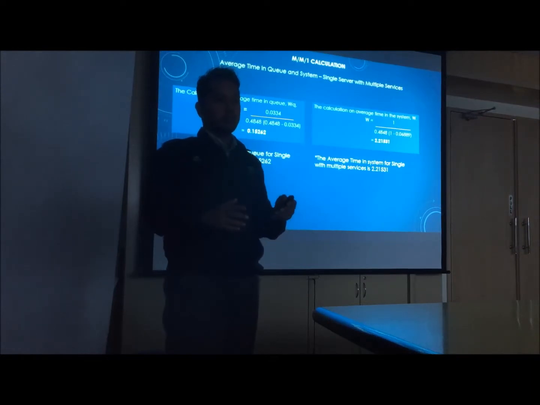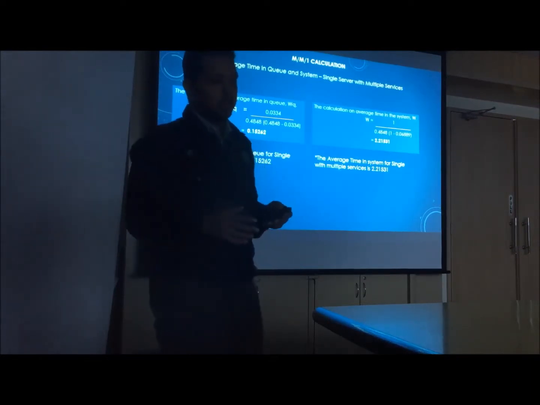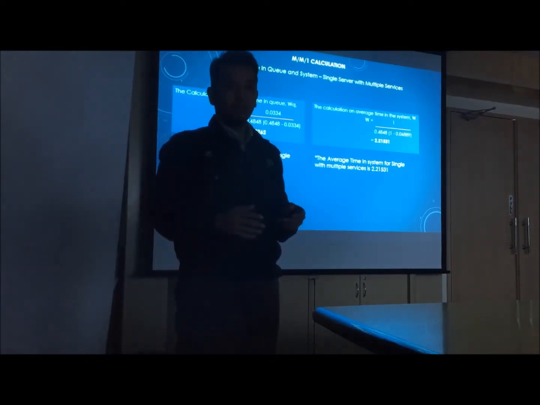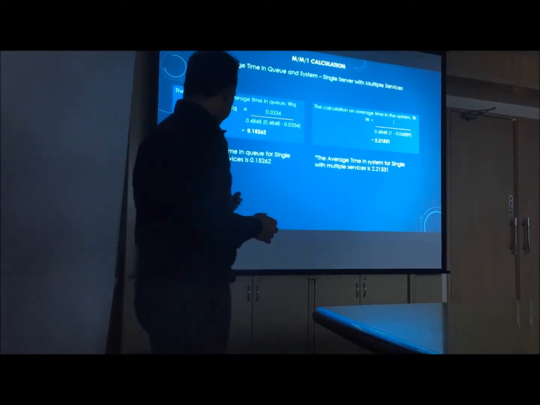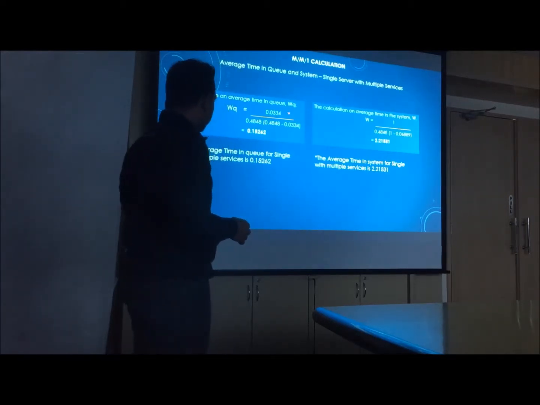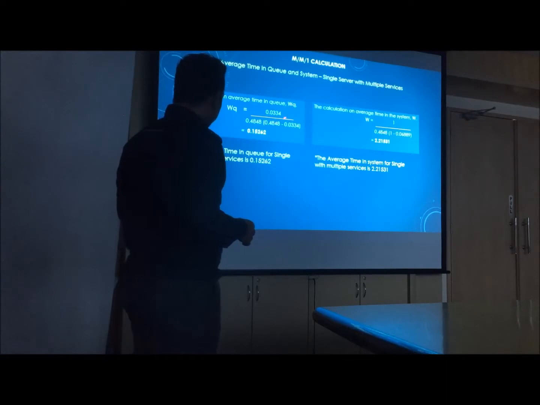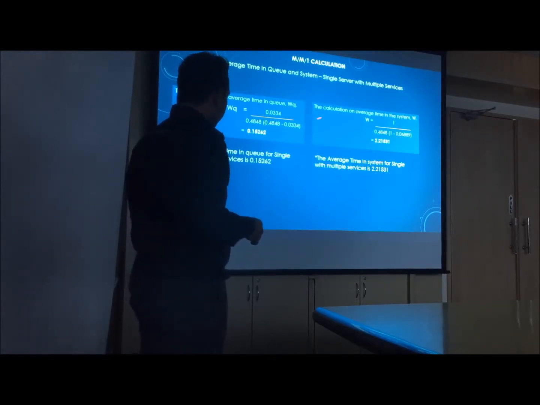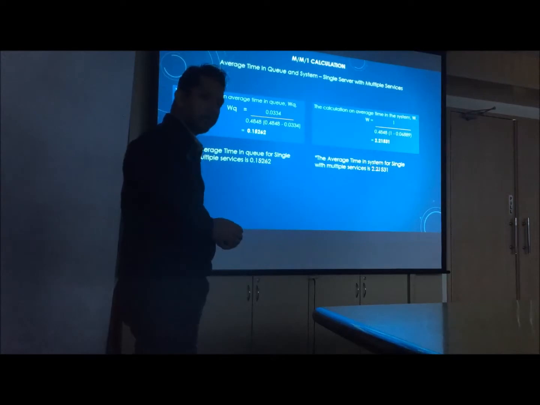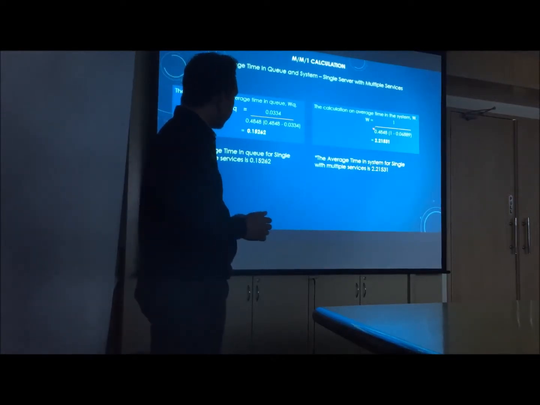The calculation of average time in queue and system for the single server with multiple services. As you can see here, the calculation on the average time in queue, this is the data that we get for this. The answer is 0.1562, and the calculation on average time in the system, the answer is 2.21531.